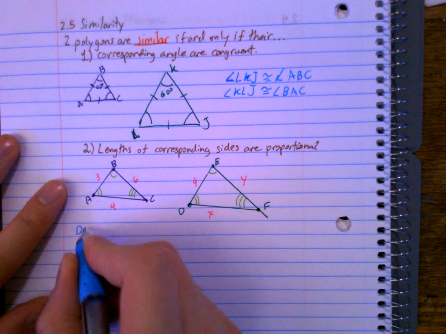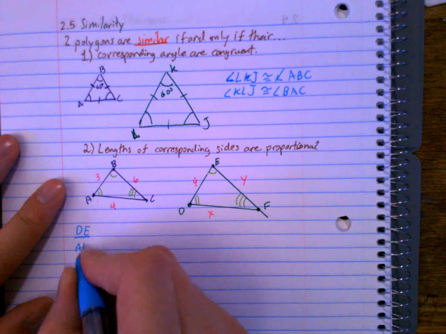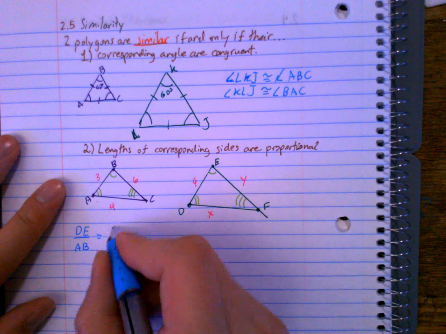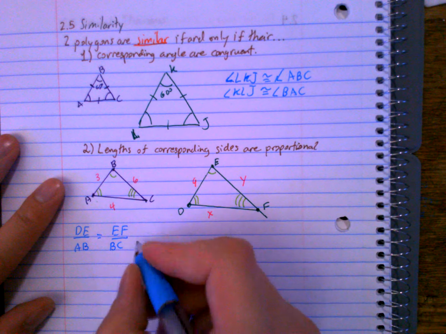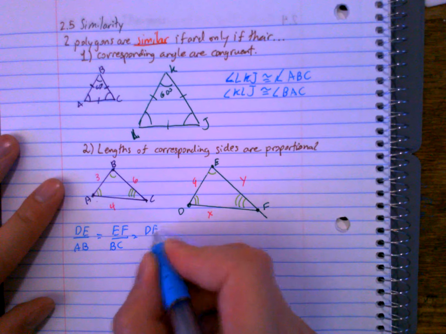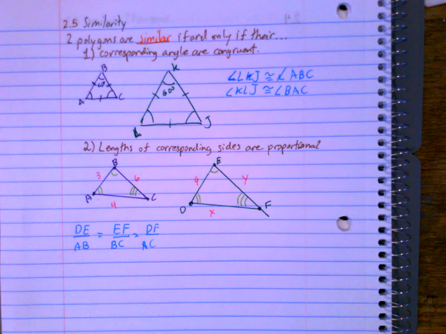That DE is over AB is equal to EF over BC, which is equal to DF over AC. Okay?